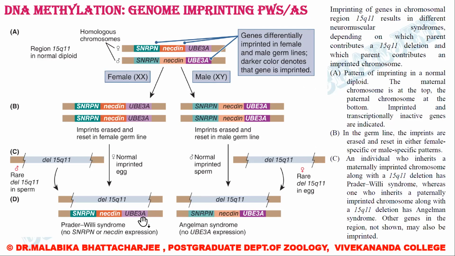As a result, in case of males, we get the expression of only UBE3A, and in case of females, we get the expression of SNRPN and NECDIN. So the two phenotypic expressions of the disease are different. In case of males, the disease is known as Prader-Willi syndrome, and in case of females, it is known as Angelman syndrome.